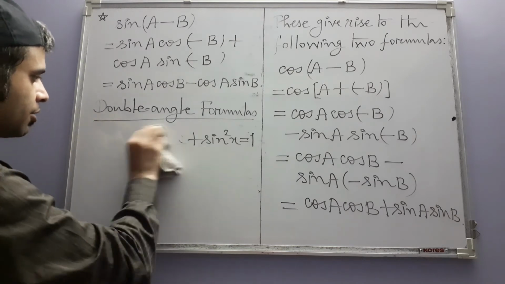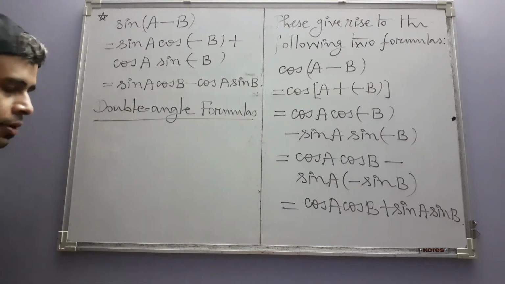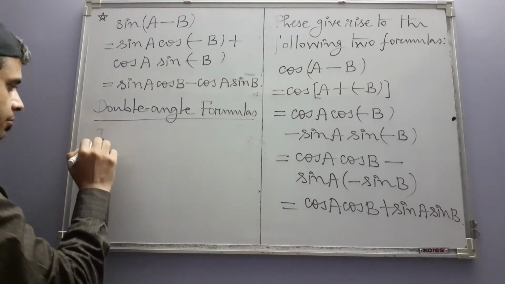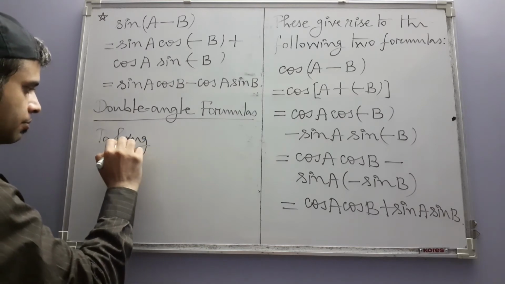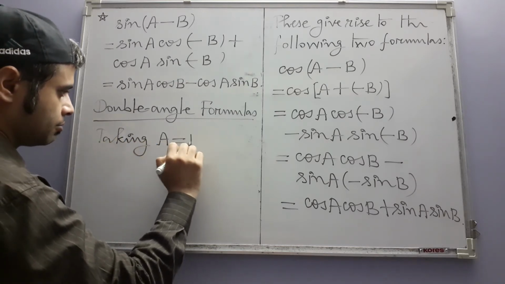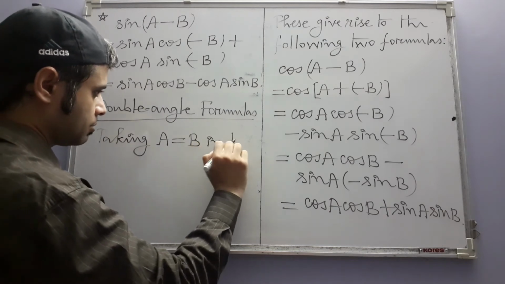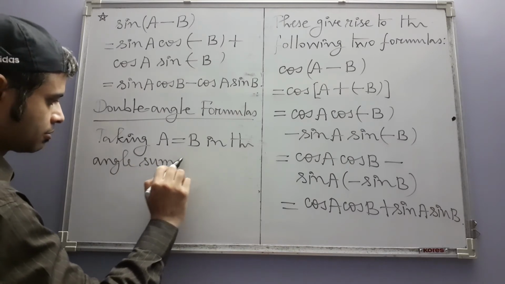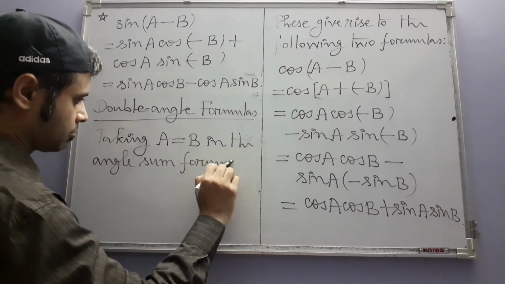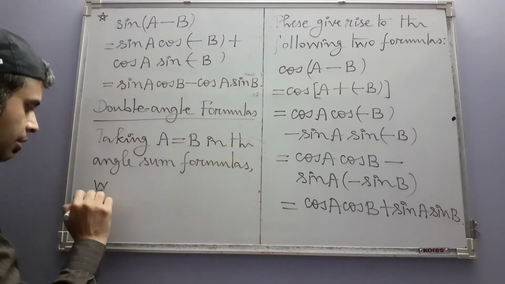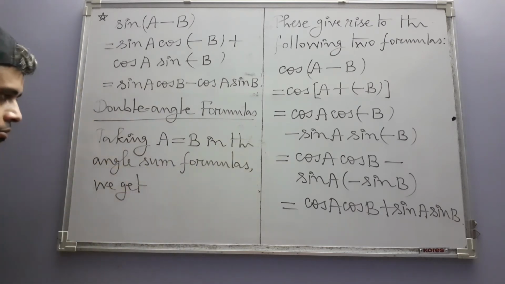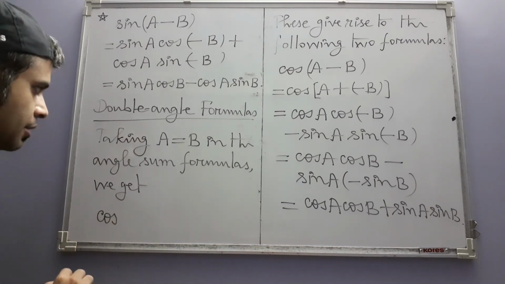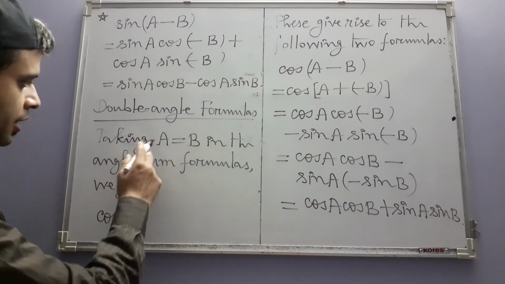First, double angle formula means here A will be equal to B. Taking A equal to B in the angle sum formulas, we get what? Let us see. Cos A plus B, but we can take B equal to A because that's what we have assumed here.